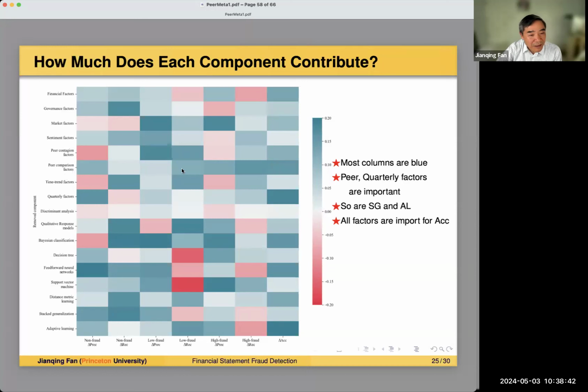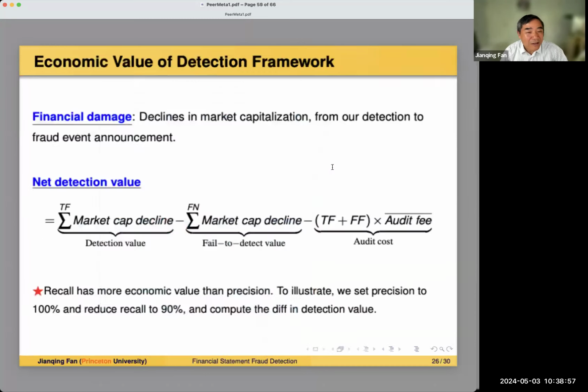As you can see, it's blue across all the items. Here, blue and red mean: if you remove one item and your accuracy suffers, you get blue. If you remove one item and your accuracy does not suffer, you get red.